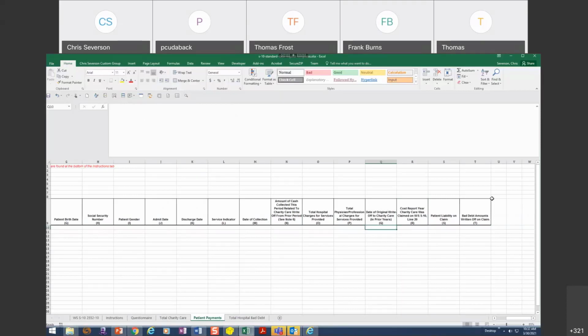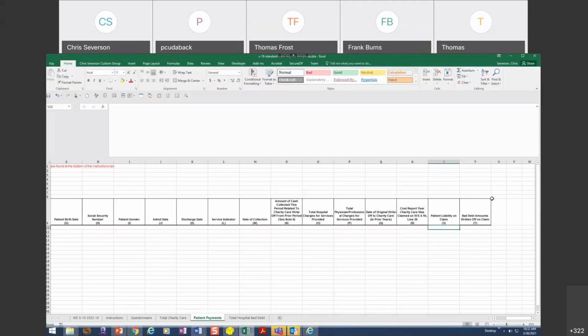So if you're receiving a payment and it had to be related to a prior year charity care, we just want to know the date or even the year, just something to give us some assurance that yes, this definitely was related to a prior year charity care. And then what cost report period did you claim that charity care? Just again, to give us assurance that we're not over-reporting payments.